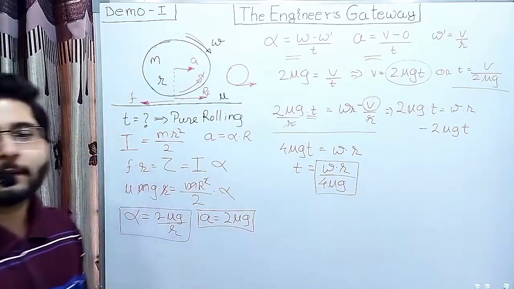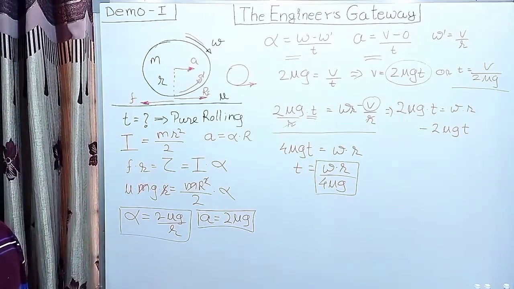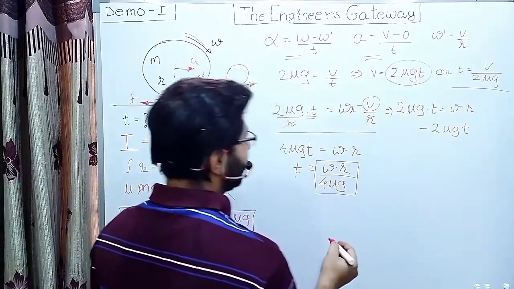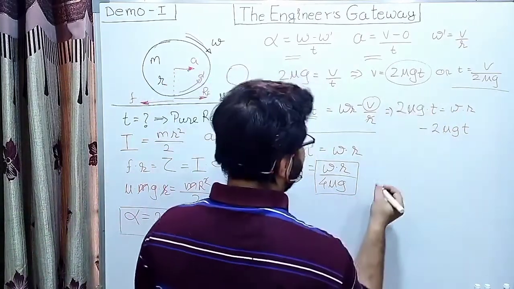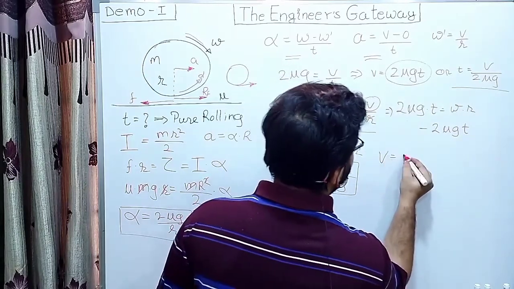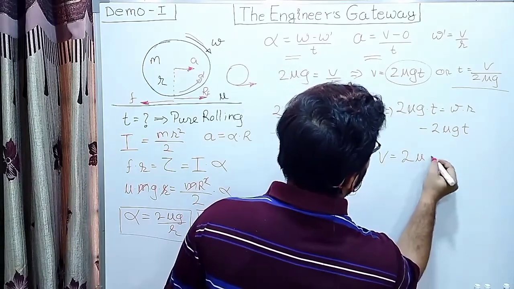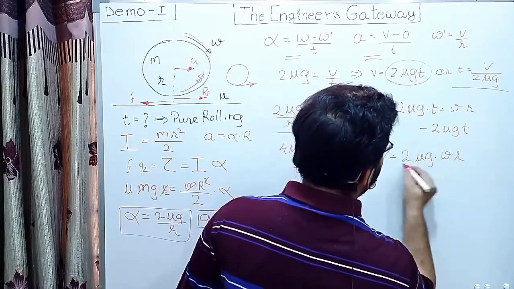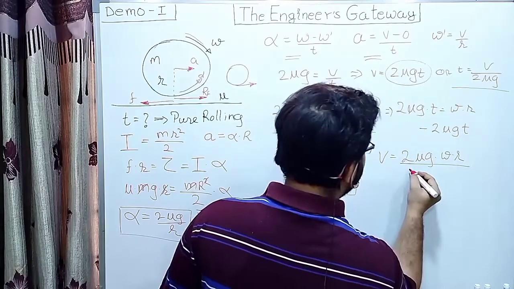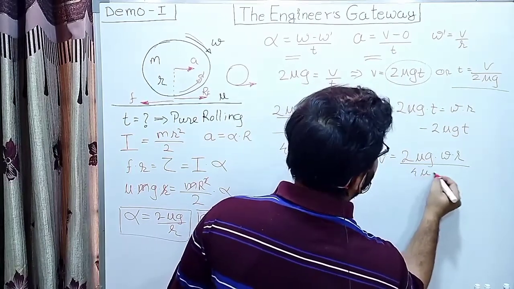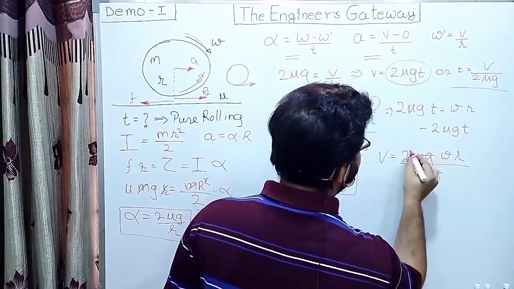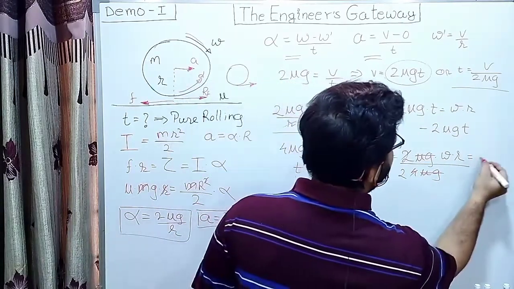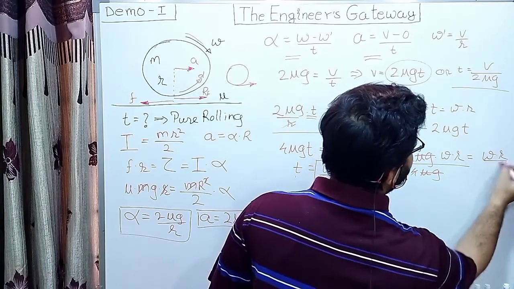This is what we have been looking for. Also, if they had asked you about velocity, if you replace this t in that particular equation, what you get is v is equal to 2 mu g into omega r upon 4 mu g. This mu g gets cancelled, the 2 cancels with 4. We are left with v equal to omega into r by 2.